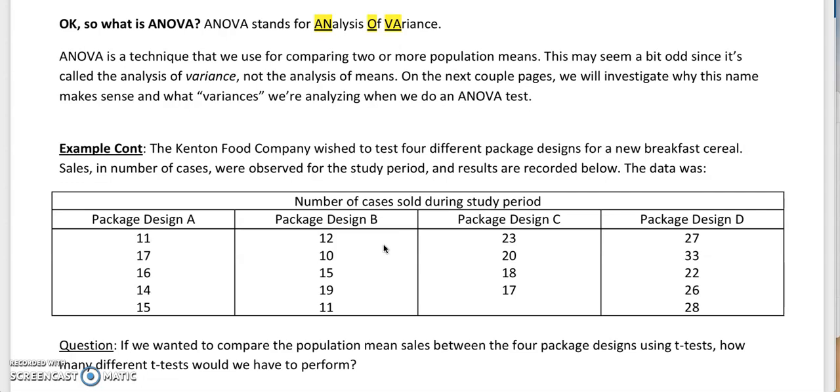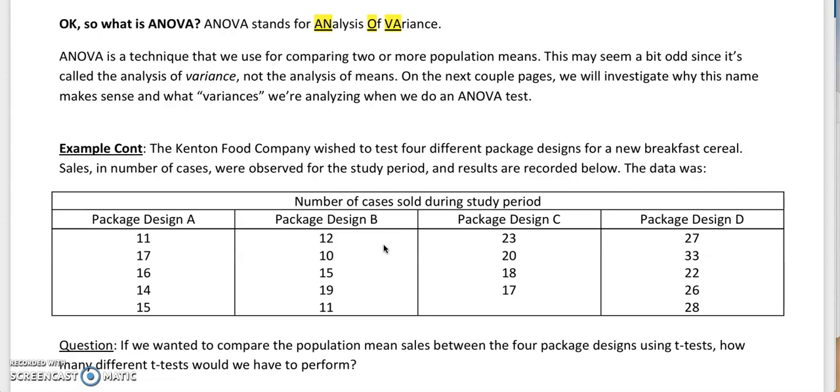So as you recall from part 1 of the video, this is the example that we're working with. We've got a company that has 4 different package designs for a cereal, and we recorded the number of cases that they sold, and we're trying to decide if there's a difference in population means between the different package designs. We already addressed this question a little bit in part 1.